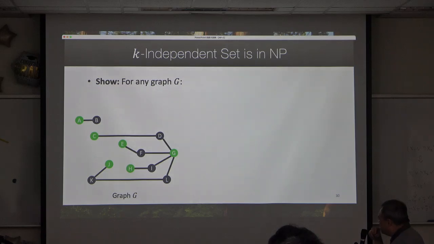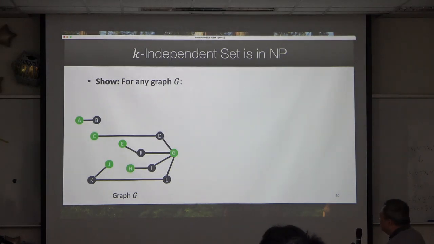If I remember, an independent set means a set of nodes that have no edge between them.